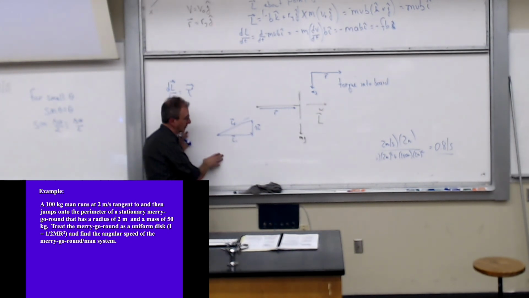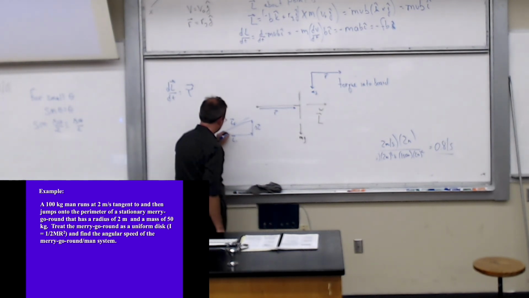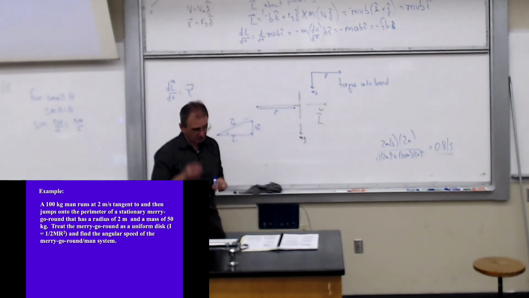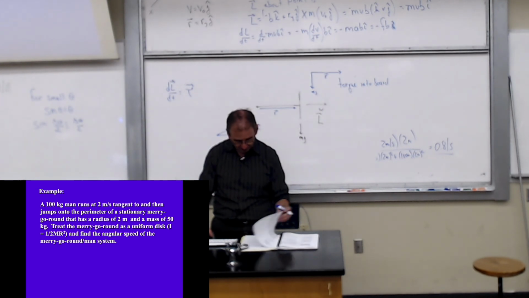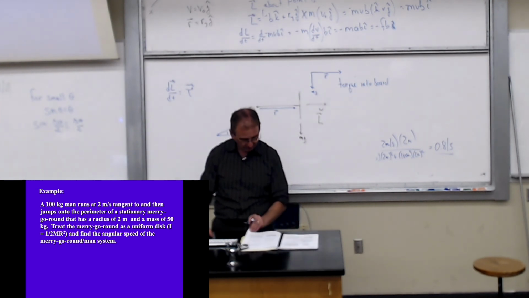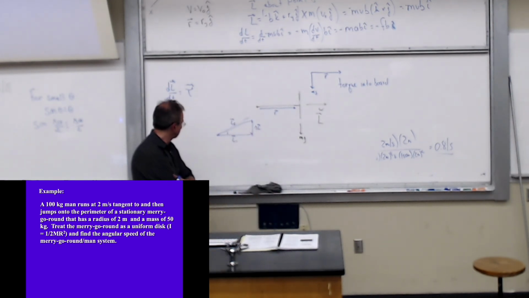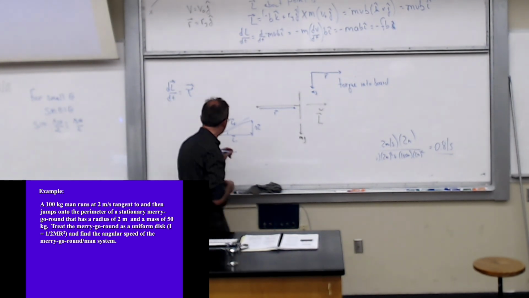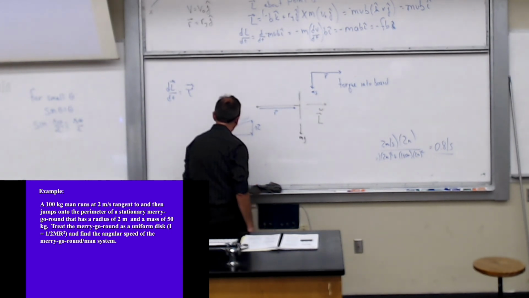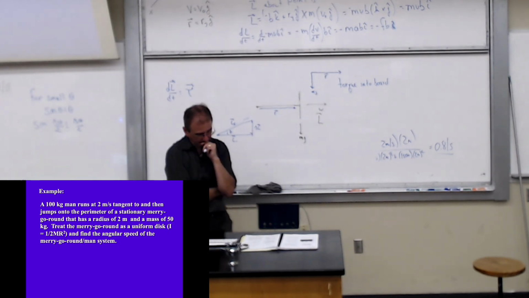Let's make this angle be really small. What's delta L equal to? This is phi. These magnitudes are the same, and that's delta L. How are they related to each other?